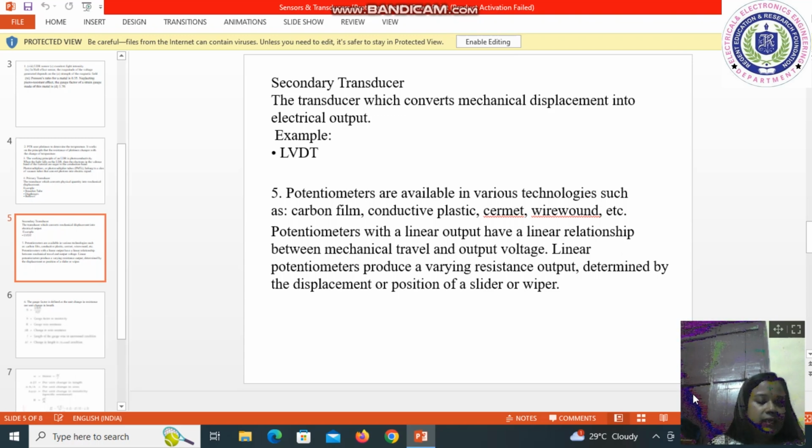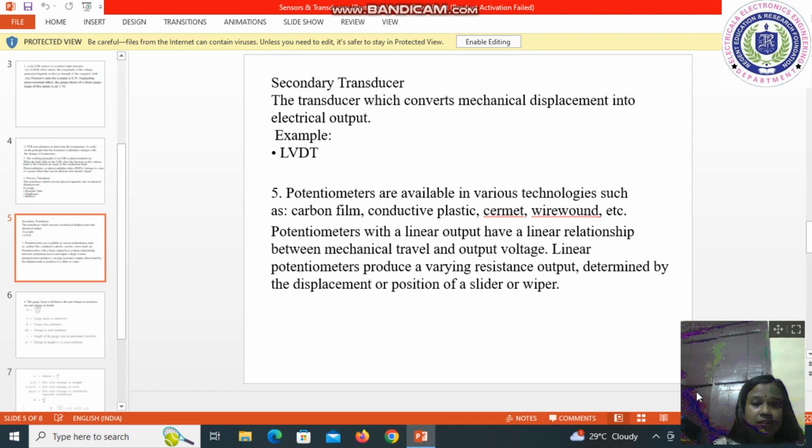Potentiometers with a linear output have a linear relationship between the mechanical travel and the output voltage. Linear potentiometers produce a varying resistance output determined by the displacement or position of a slider or wiper. The linearity of potentiometers involves variable resistance with 3 leads.